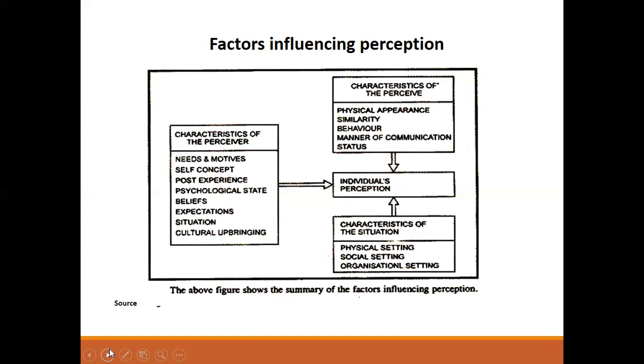And characteristics of the situation, like physical setting, social setting, and organizational setting, will have an impact on the component of an individual's perception. These are the factors that are going to influence the perceptual set.